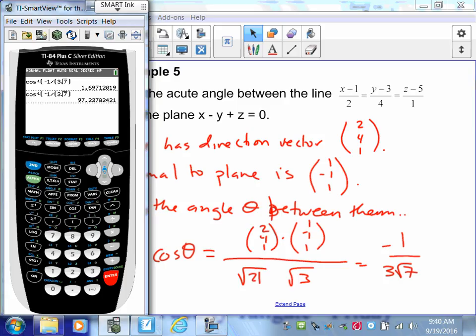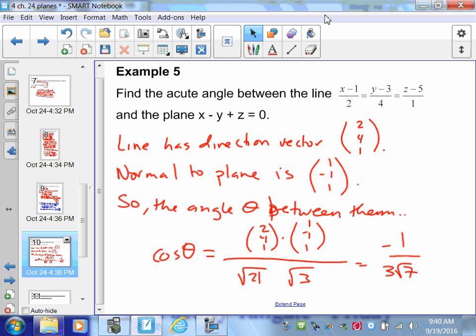Yeah, 7 degrees. I think in the book they had it in radians, but it doesn't matter. Let me go back to here. Let me take that 1.697.